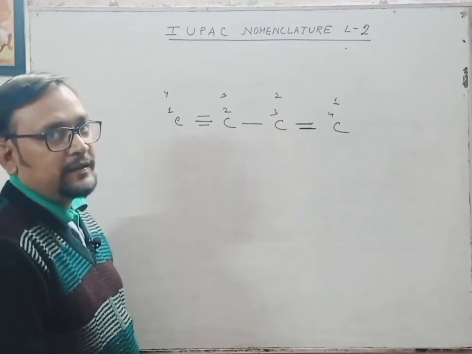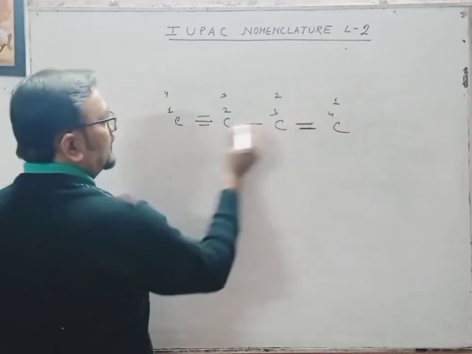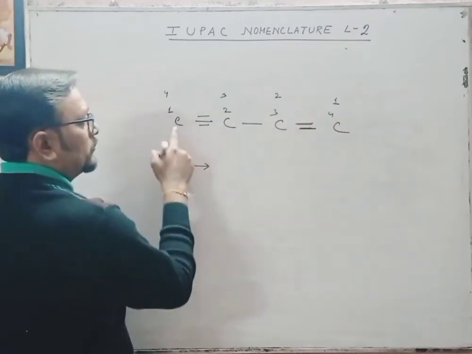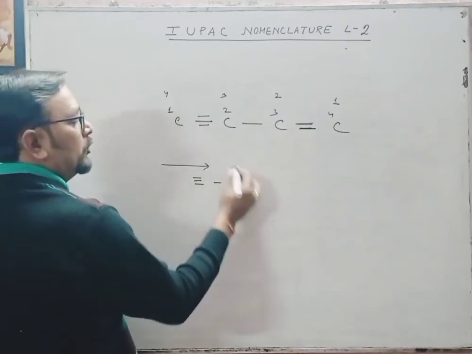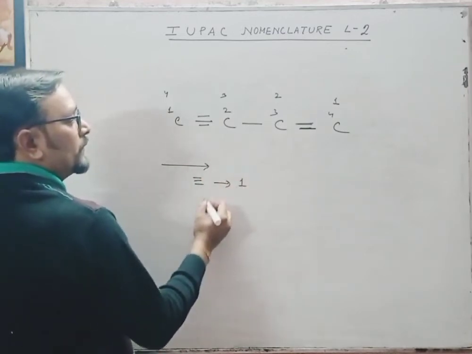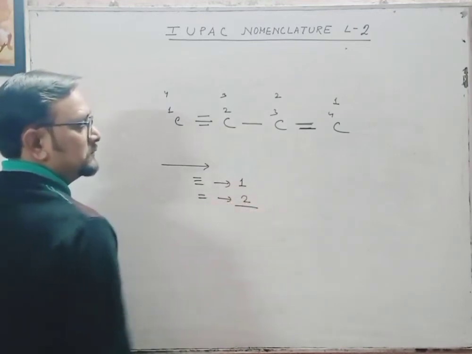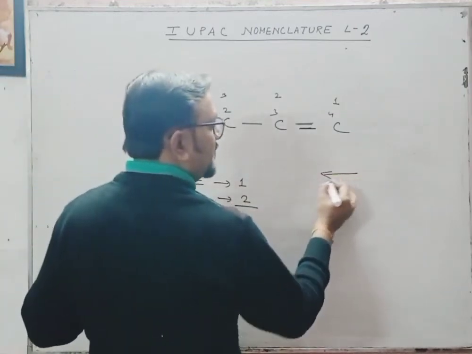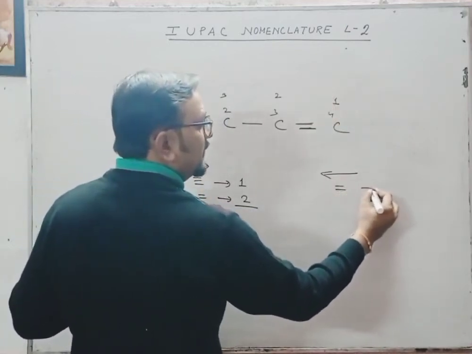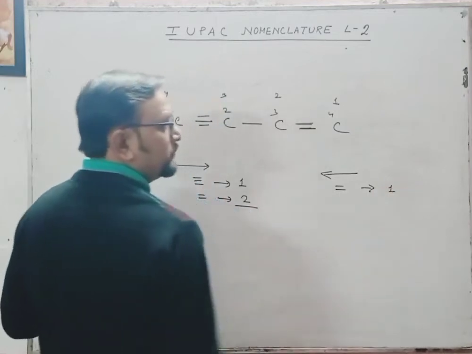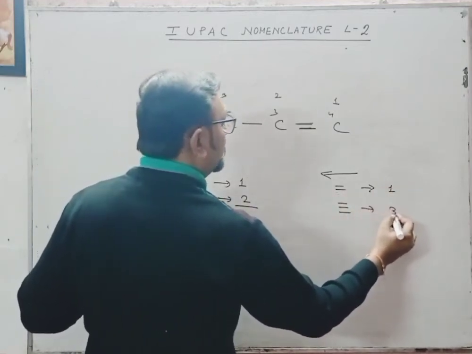Let us check by the summation rule. If I follow this pattern, from left to right, 1, 2, 3, 4, my triple bond is getting the locant 1 and the double bond is getting the locant 3. If I start from this side, the double bond is getting the locant 1, and then the triple bond is getting the locant 3.